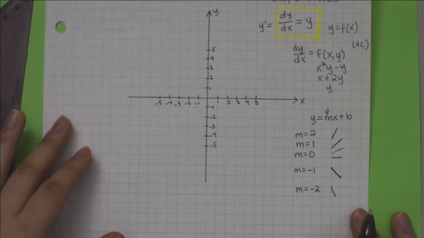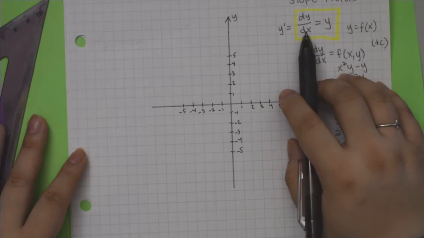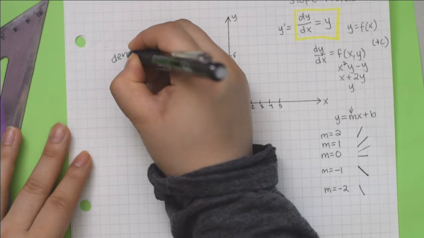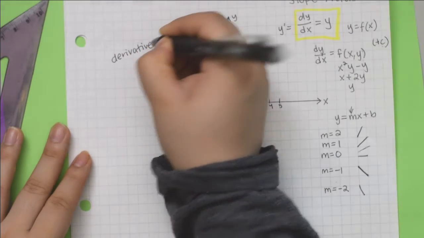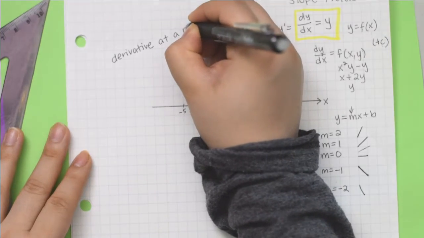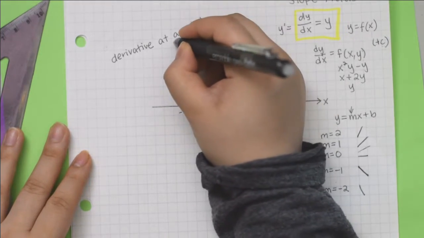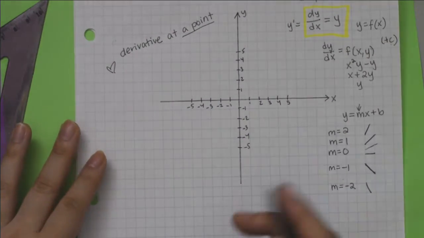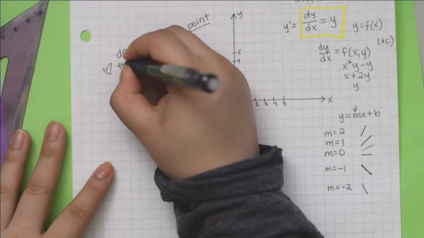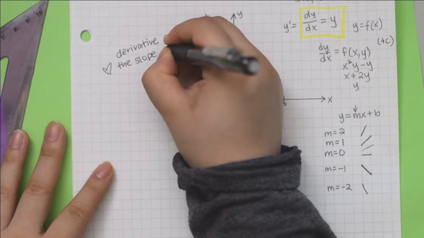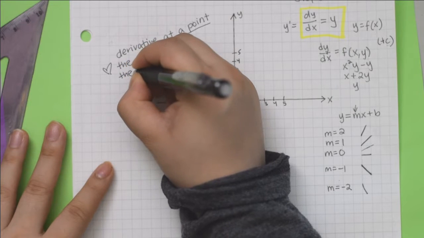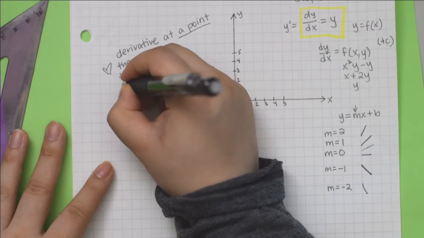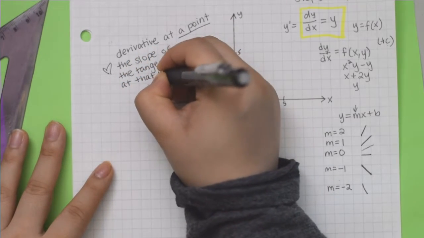Okay. So then the other thing was that the dy dx, the derivative at a point. So we're talking about at a particular point, here's a little definition to know or to review, is the slope of the tangent line at that point.